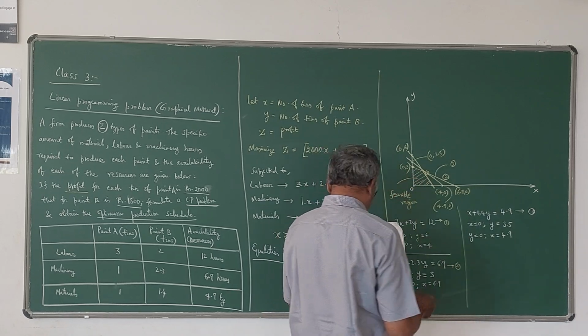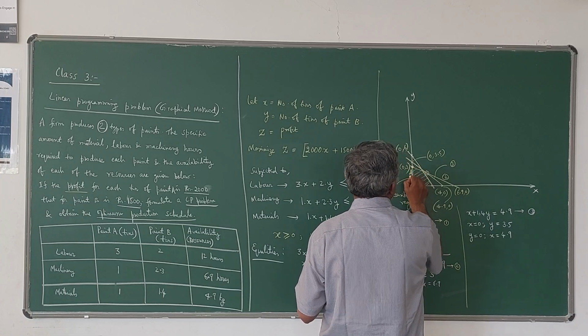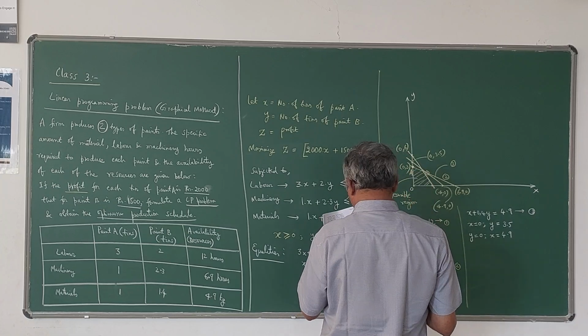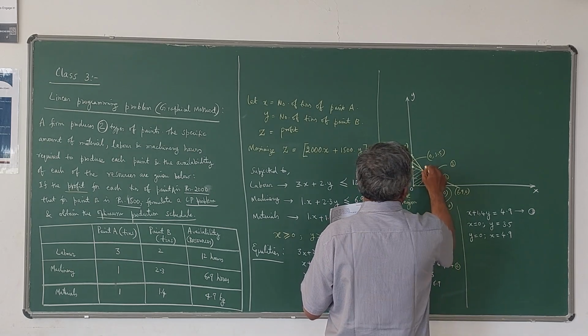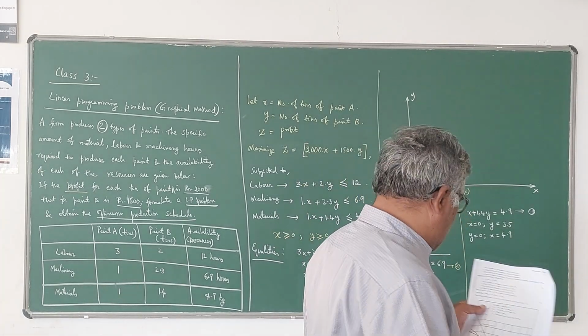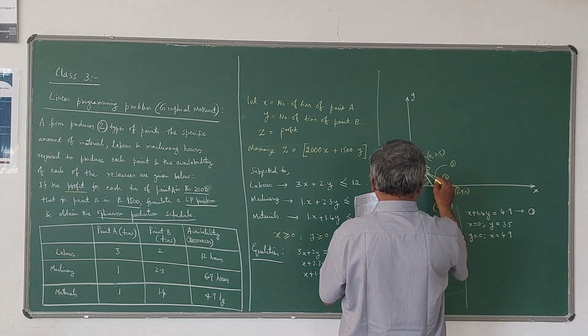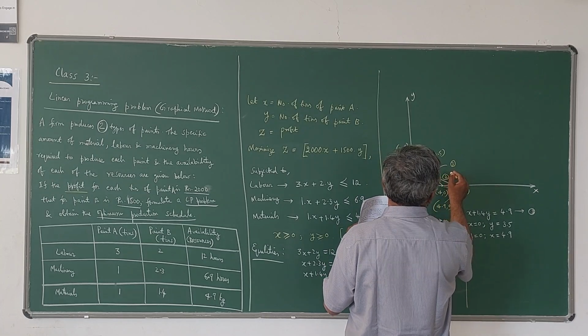Corner points we have to take. I will take this point as A. Then B will come somewhere here. You can exactly get this when you plot the graph. One more point you are going to get somewhere here. C also will be there.